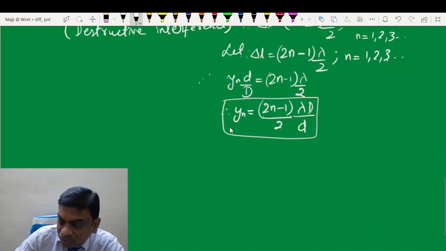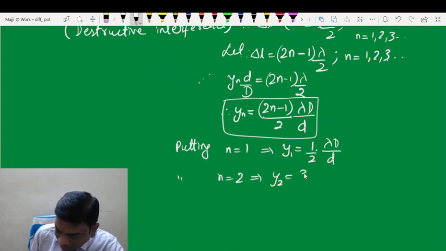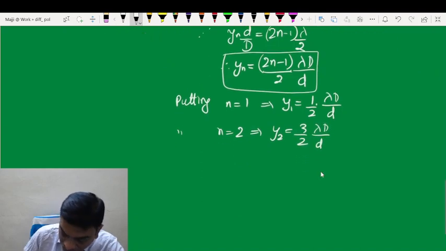Okay. So this is the position, students. Putting n equal to 1, we get y1 is equal to 1 by 2 into lambda capital D by small d. Similarly, putting n equal to 2, we can write y2 as 3 by 2 into lambda capital D by small d.